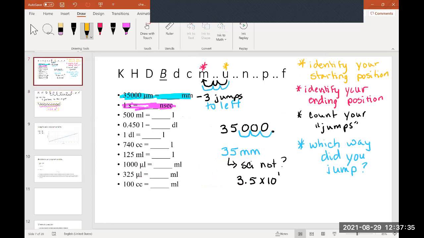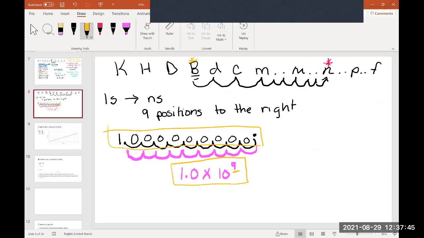Let's do one more. How about we do the 740 cc's into a liter? Okay, so let's write that down. We're working on 740 cc's to 1 liter. Now remember, a cc equals a milliliter.